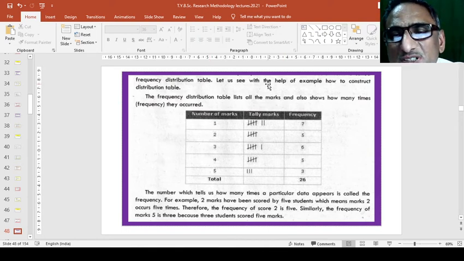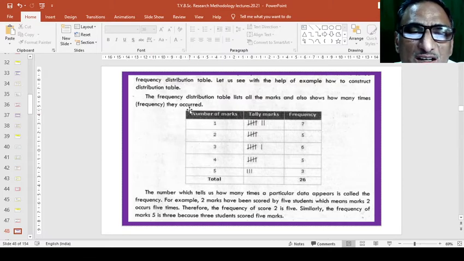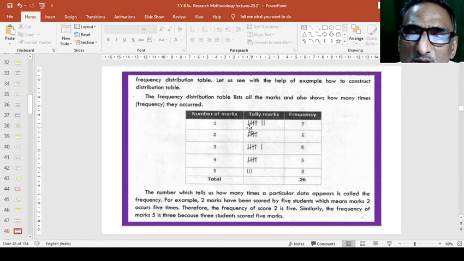So let us see with the help of an example how to construct a distribution table. The frequency distribution table lists all the marks and also shows how many times they occurred, means what is the frequency. So number of marks 1, 2, 3, 4. Tally marks: 1, 2, 3, 4, and the fifth line is an inclined line. 4 lines are standing lines, 1 is an inclined line crossing the 4 lines.